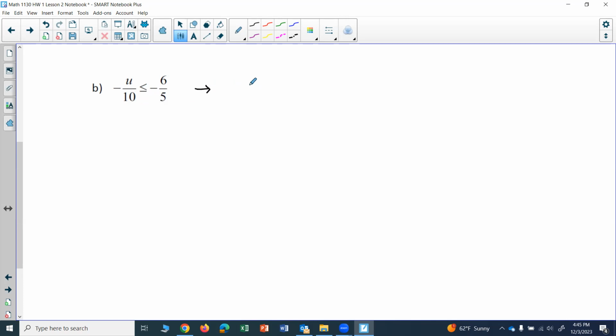So if I did 10 times negative u over 10, that would be less than or equal to 10 times negative 6 over 5. Multiplying both sides by a positive does not flip the direction. Here I have 10 over 10, those would cancel.